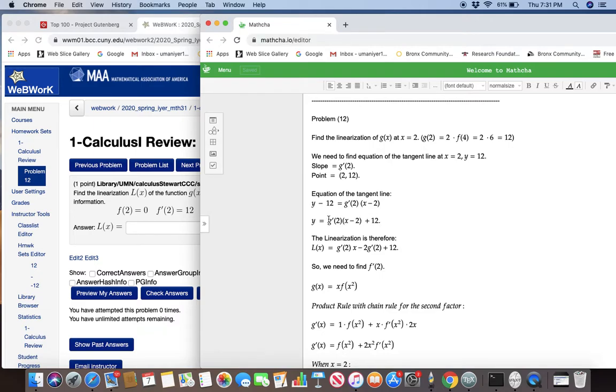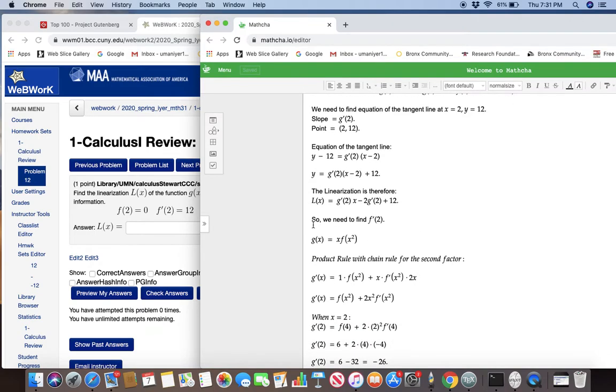This right hand side function, after you solve for y, is called the linearization. All I have done is simplify this: g prime 2 times x minus 2, times g prime 2, plus 12. So the right hand side function is called the linearization.